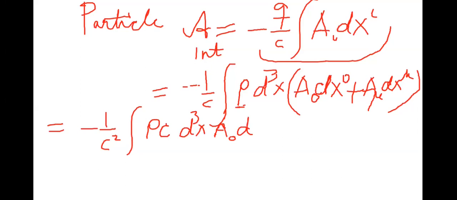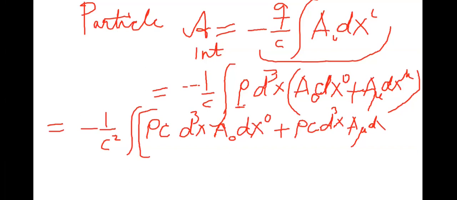So this is, let us say, the first term, plus you will have rho c, and d3x is there, then a mu, and I convert this dx mu into the velocity, that is, I can write dx mu by dt and multiply by dt.